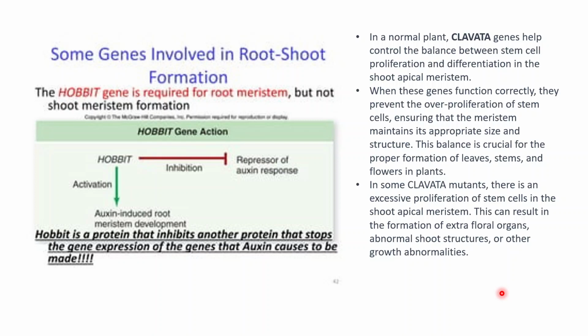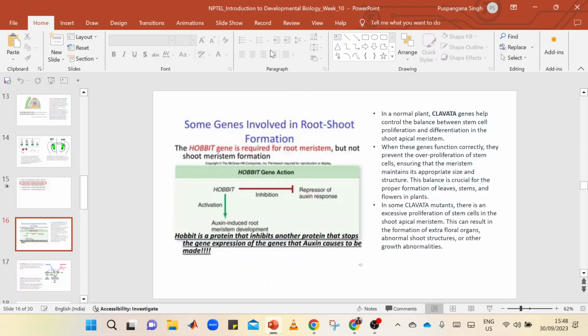Wait, let me just recall if there are any Clavata mutants. I can show you. See, I'll just do it to clear your doubt.